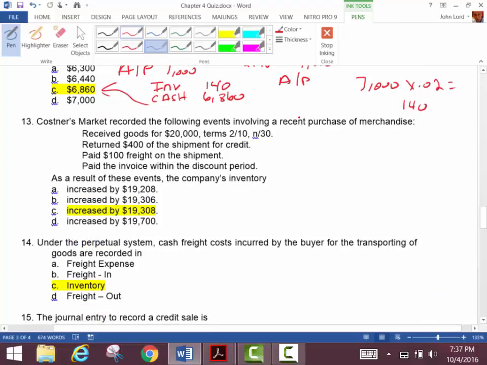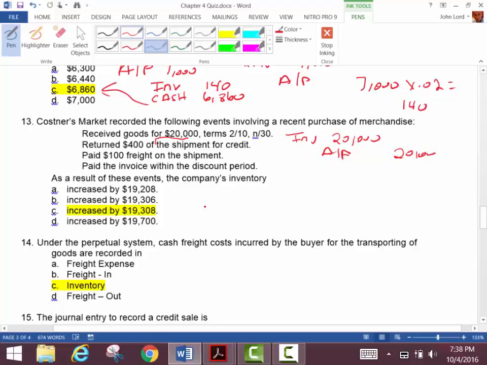So, we received goods for 20,000 and the terms were 2/10 net 30. So what should we do when we receive those goods? For 20,000, journal entry. Debit inventory for 20,000 and credit accounts payable for 20,000, right?